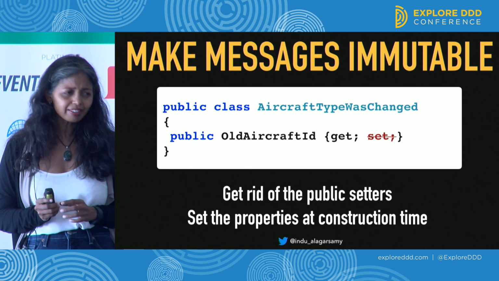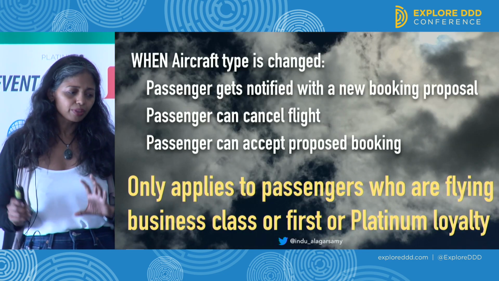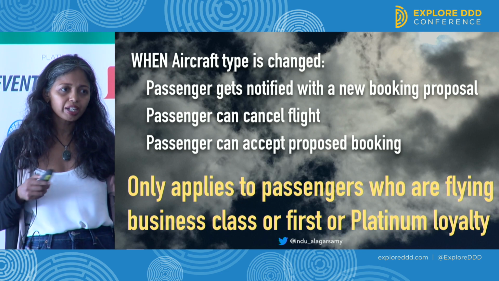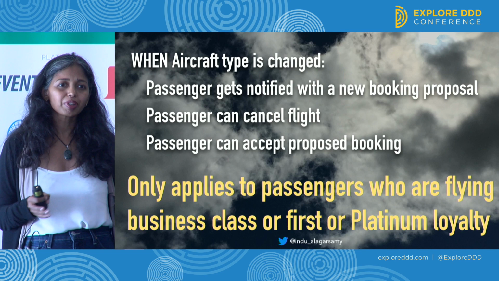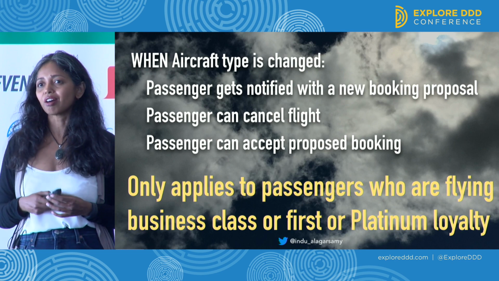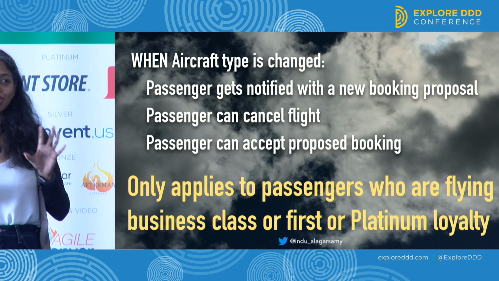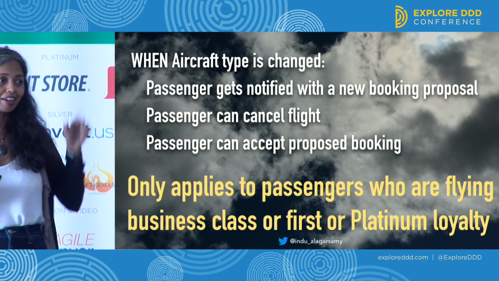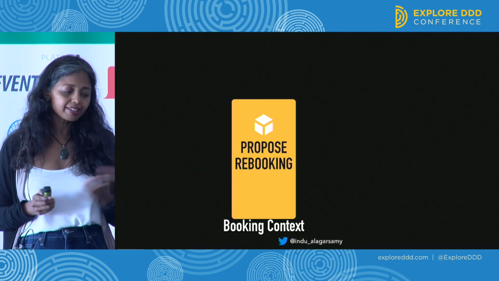The other thing that I want to quickly touch upon is, this is great, and let's say we now get a new requirement that says, hey, we don't want to constantly notify all these economy class passengers. We only want to notify the paying ones, the ones who pay a lot more money. If we want to do this, there are several ways.